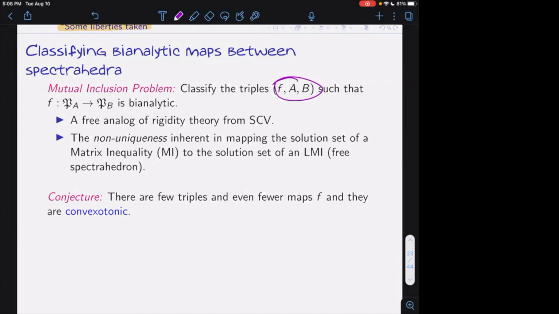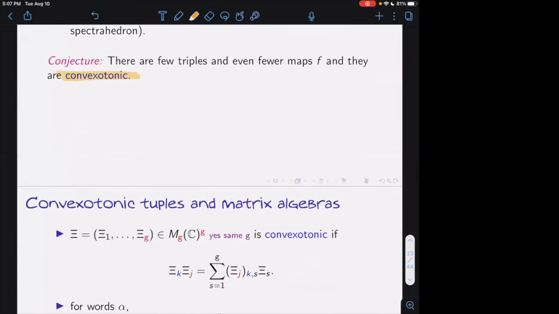Okay, and then the conjecture, borne out for the most part, is that there aren't very many of these triples, and there are even fewer of the maps F. And they're what we call, what maybe Bill calls convexotonic. And so let me tell you what that means.